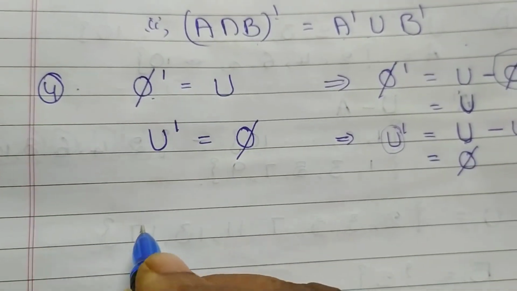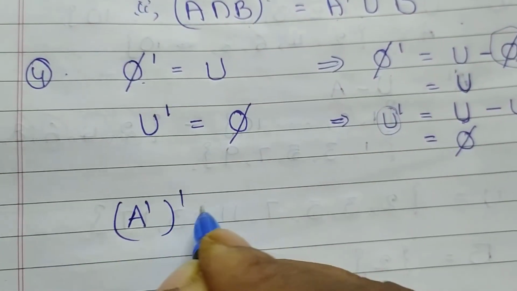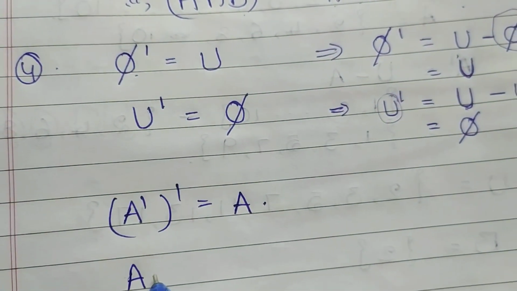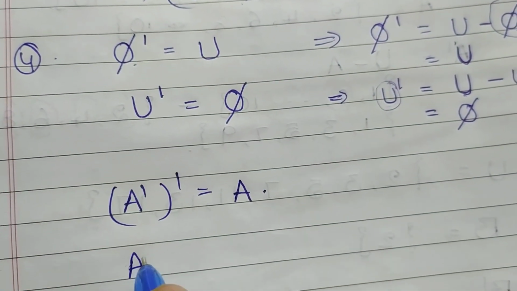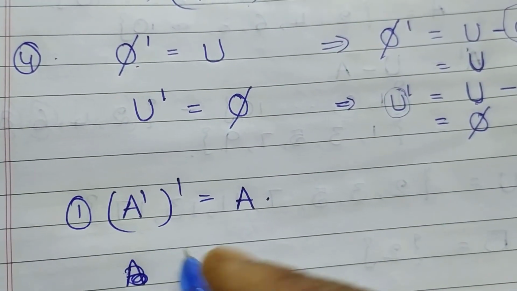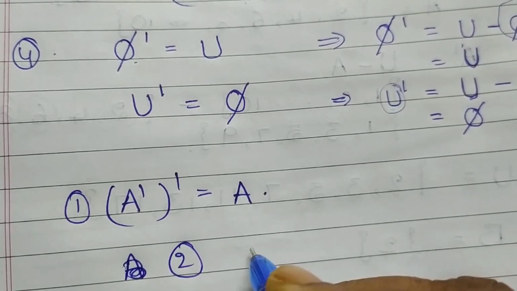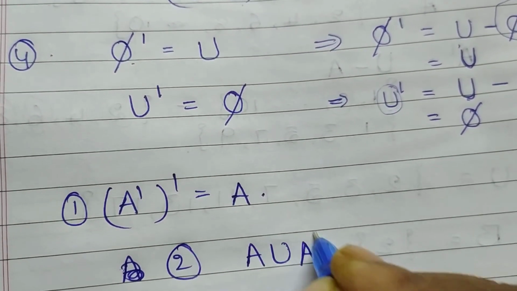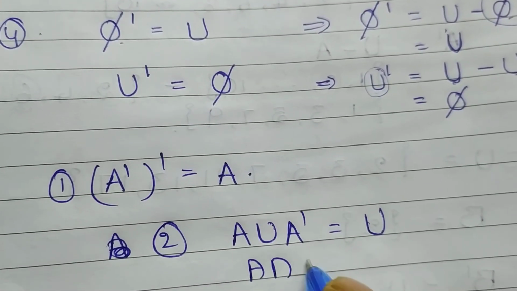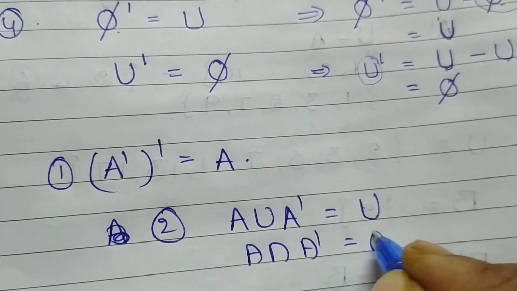What are those? The first property is A complement whole complement equals A. The second one is A union A complement equals the universal set, and A intersection A complement equals the null set.